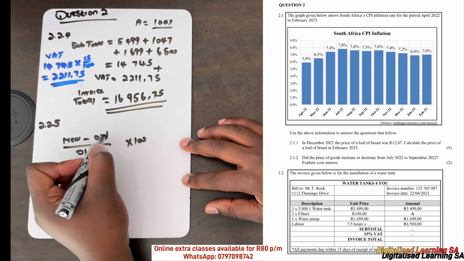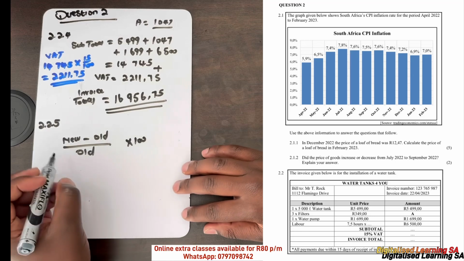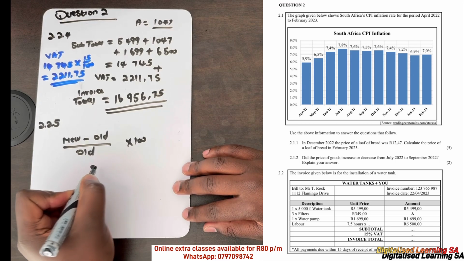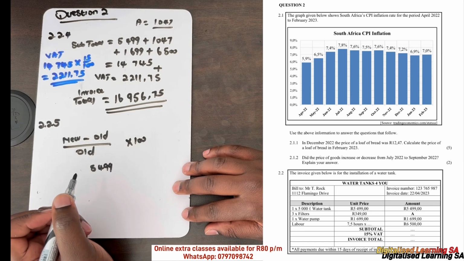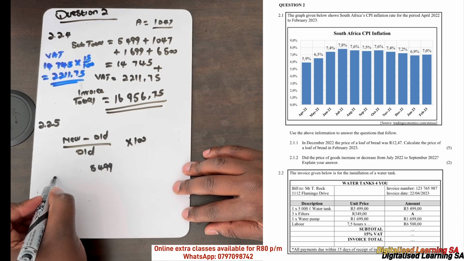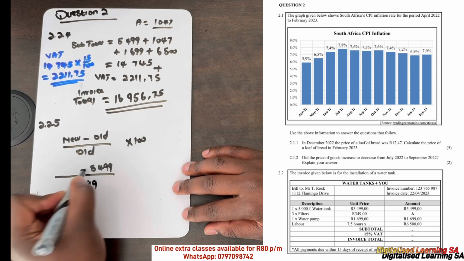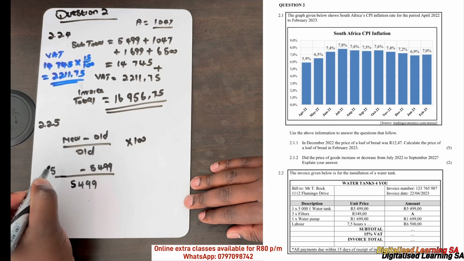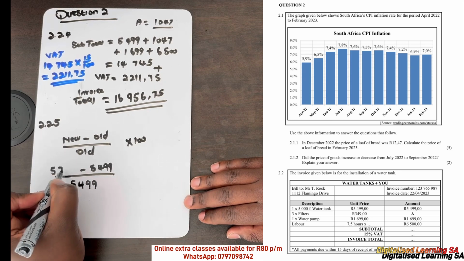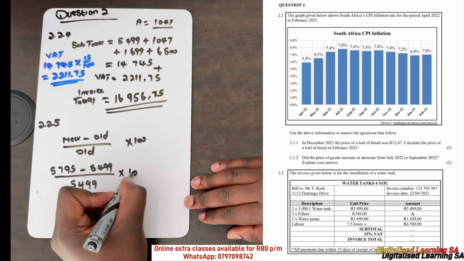So this is our old price before it increased, which was 5499. So that's the water tank price. And remember this is our old, meaning that we still need to divide by it, 5499. And then our new price is 5,795 multiplied by 100.